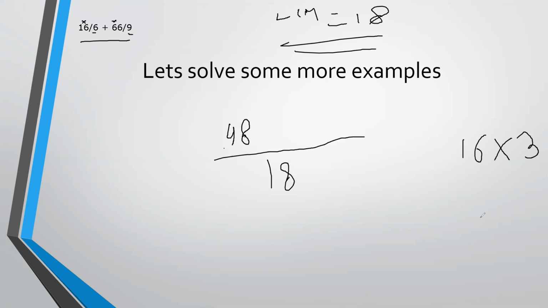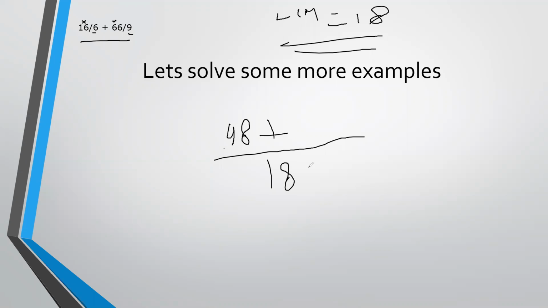I think I'm wrong, so let's try it like this only, because I forgot the table of 16 right now. So 3 sixes are 18. So it's 48 only. Yes, I'm correct. So now we got 48.